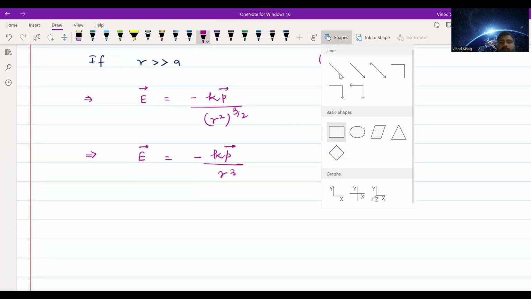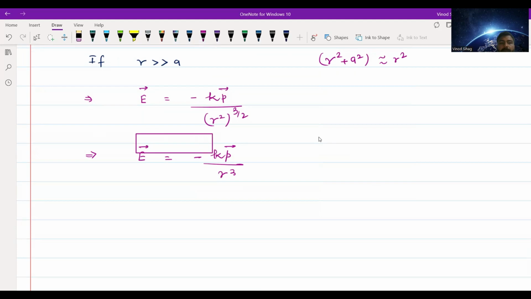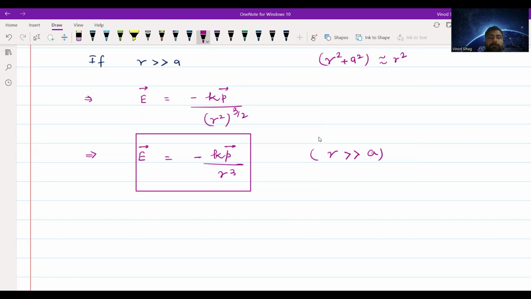So this is the electric field at the equatorial point for the case where r is greater than a, or very much greater than a. So these are the electric fields at very far points from the dipole.